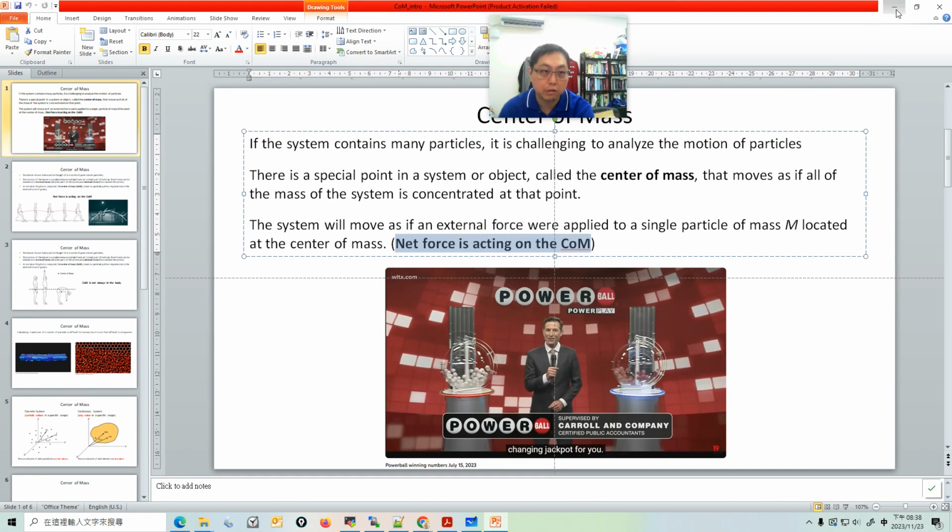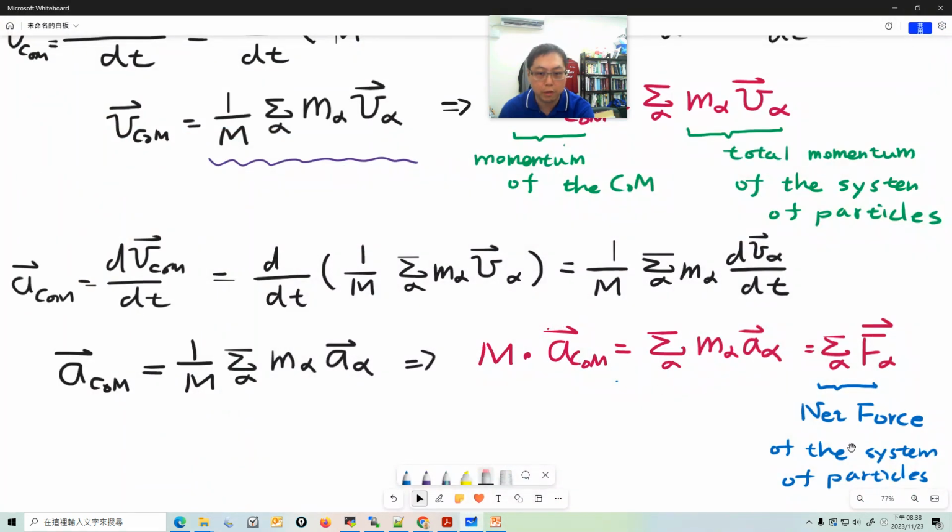Okay, so this is shown in this mathematical formula. The net force of the system of particles is equal to the total mass times the acceleration of the center of mass. So if you want to calculate the net force of a system of particles, the only thing you have to calculate is the total mass times the acceleration of the center of mass. It gives you the net force of the system of particles.